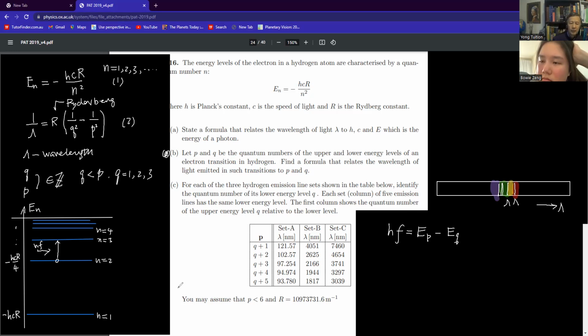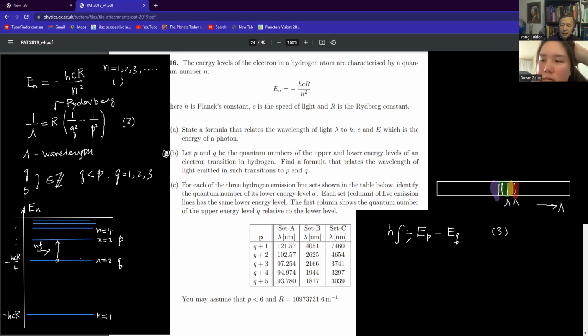In this particular case, this is Q, this is P. So can you understand this formula now, the third one? This formula just uses energy conservation. How much energy the electron can absorb depends on how much the photon can provide, right?